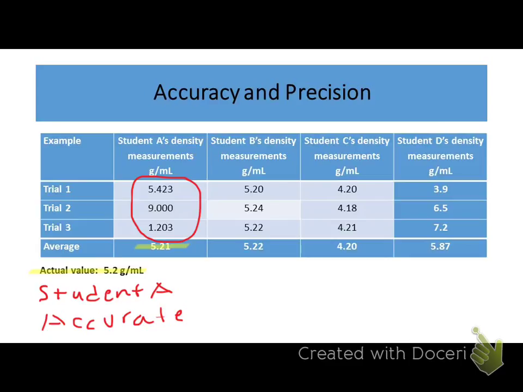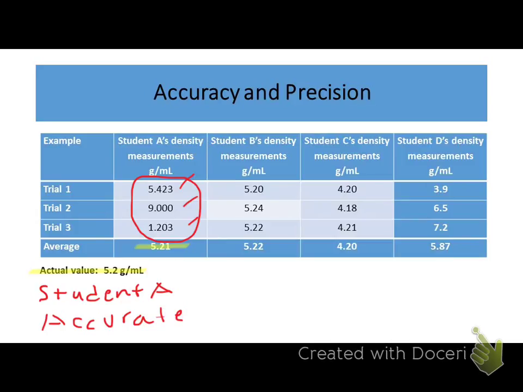In other words, are they consistent? The answer would be no. So we would say that student A has accurate data because its average is 5.21 and close to the actual value, but its values are all very different from each other. So it's not very consistent in the measurements, and so it's not precise.